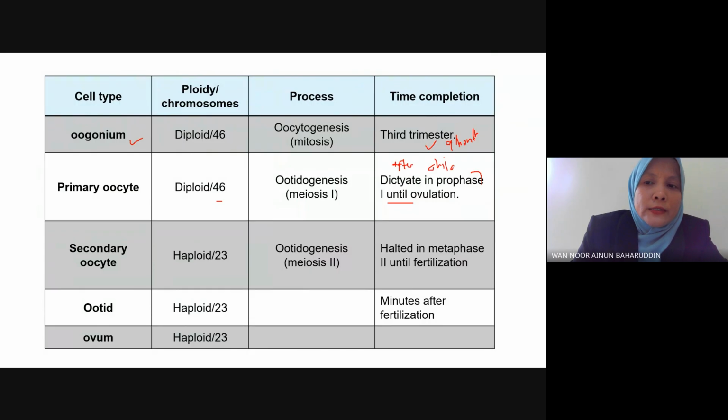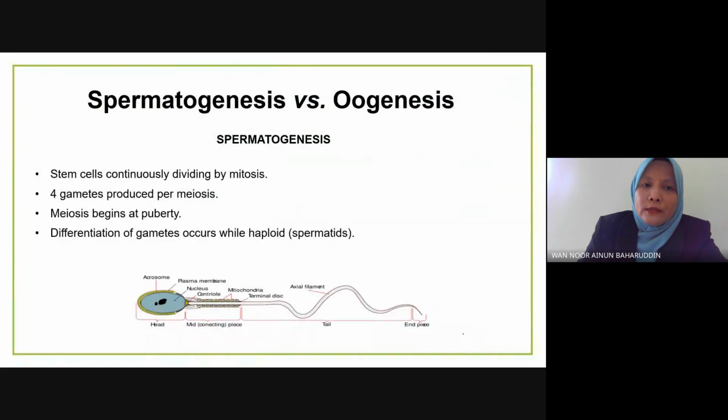Then the secondary oocyte, after it has matured, is halted at metaphase 2 of meiosis 2 until fertilization. The ootid is haploid and completes minutes after fertilization, and then the ovum is also a haploid cell.